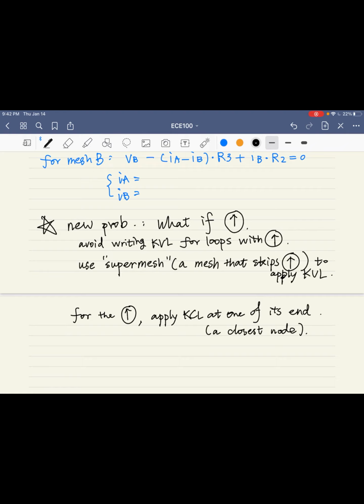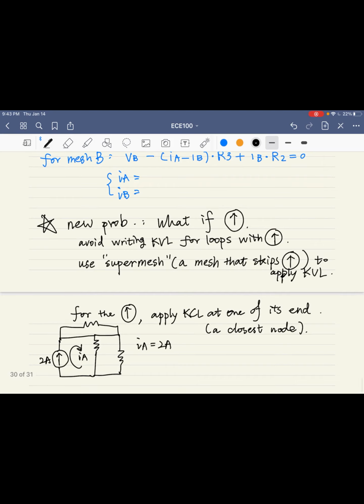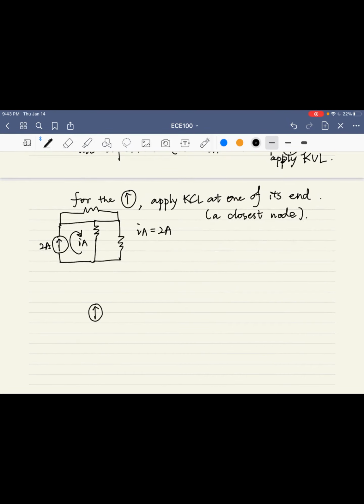And sometimes I wish it happened to you that the current source is not shared by many loops. It is only in one loop. In that way, you will instantly get the value for one mesh current. But usually life is not so easy.